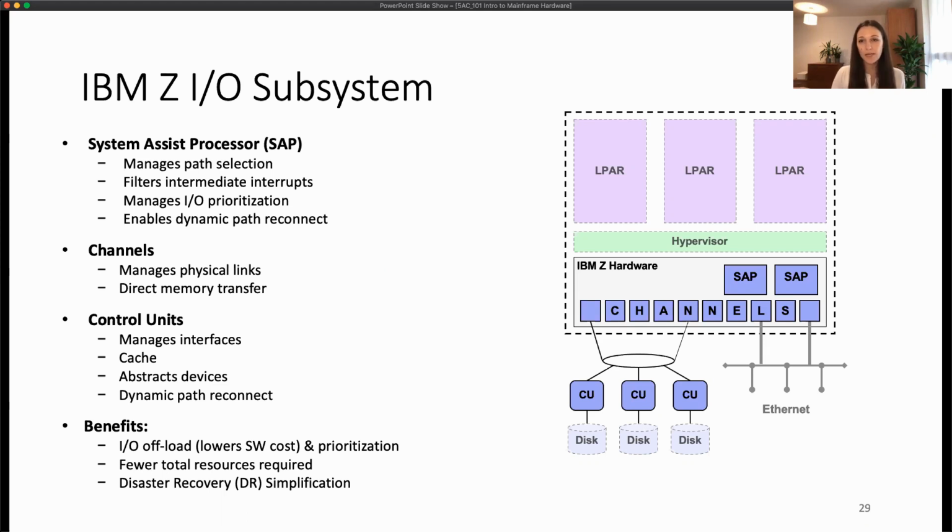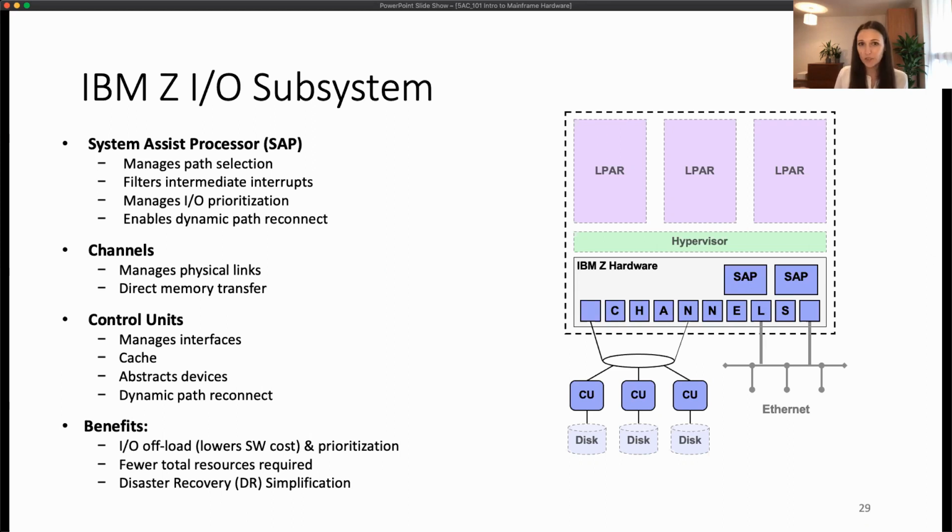In the mainframe, there is an input-output subsystem, or I/O subsystem, and its purpose is to relieve the processors of the task of communicating directly with the I/O devices. We talked about the SAP processors earlier, the system assist processors, and they handle the I/O processing, freeing up the CPs. Then we have channels, and those channels are the links between the LPARs and the physical ports on the I/O cards.